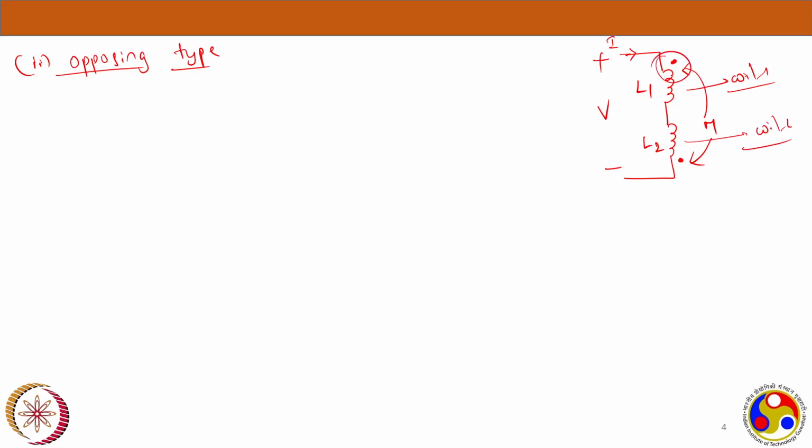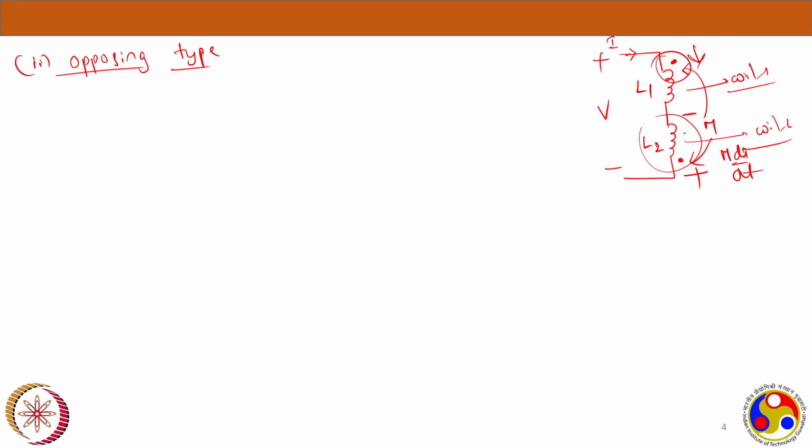So current is entering here, current is entering here. It will induce a voltage in L2 having a positive polarity at the dotted terminal. Now where is the dotted terminal? It's here. The polarity will be plus here and minus here. The voltage will be the same, M di by dt. Magnitude won't change, only polarity is what we have to decide based on the dot.